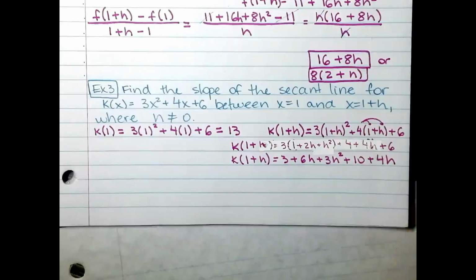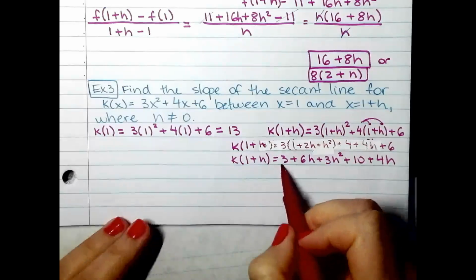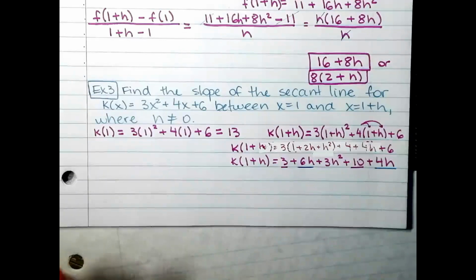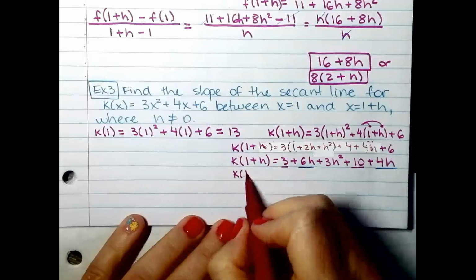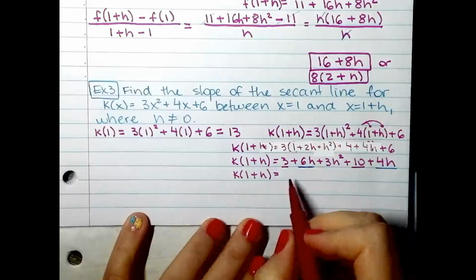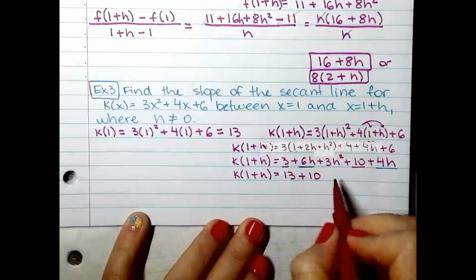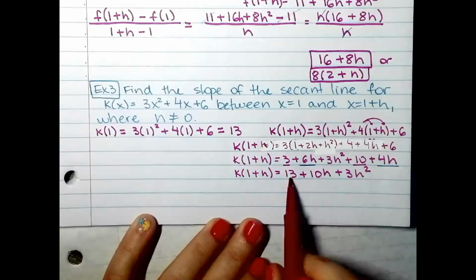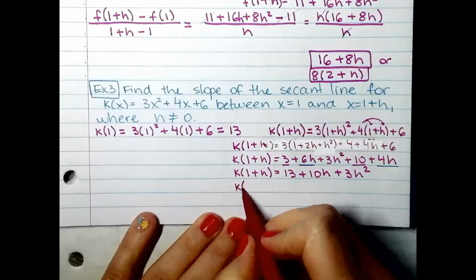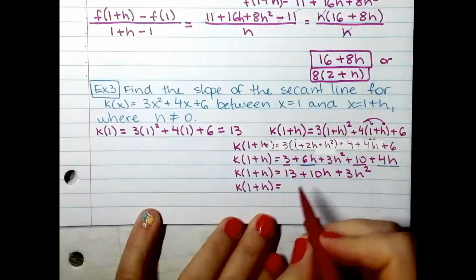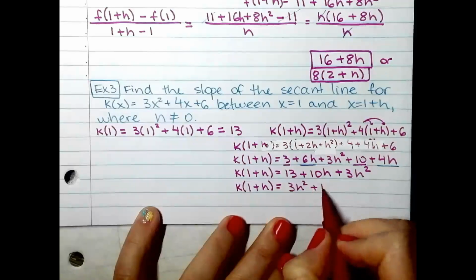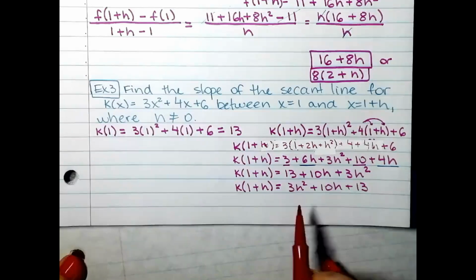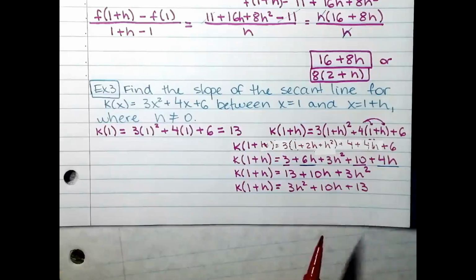Combine everything else you can. I know I can combine 3 and 10. And I will also combine the h's. It really bothers me that it's out of order, so I have to rewrite this. It is not wrong if you don't. But I have to rewrite it just for my sanity. And it's okay from the highest to the least exponent.